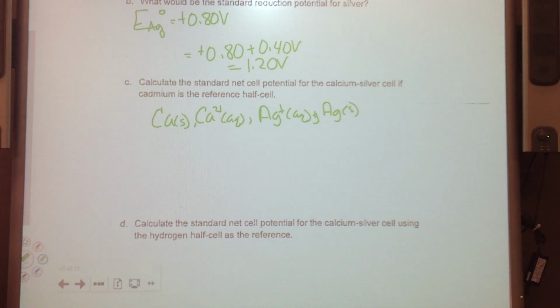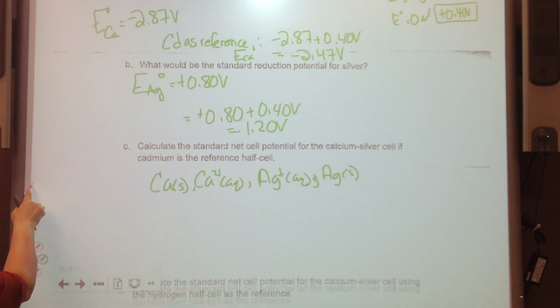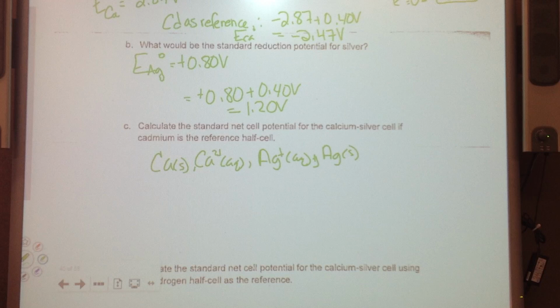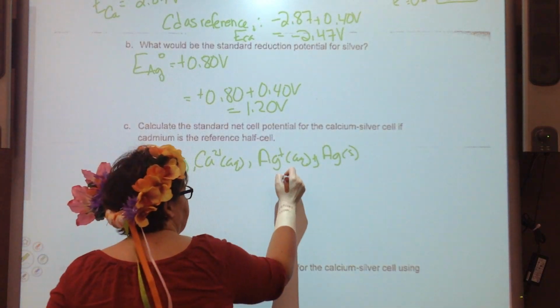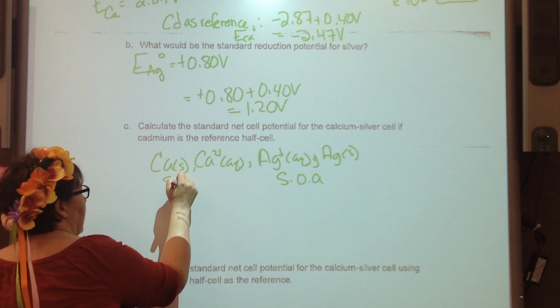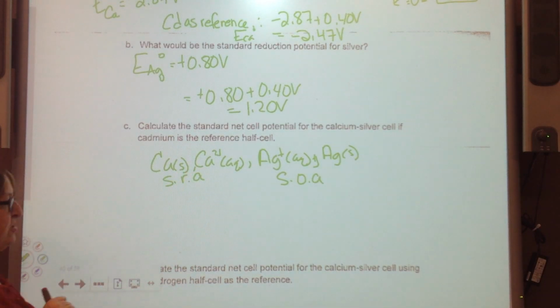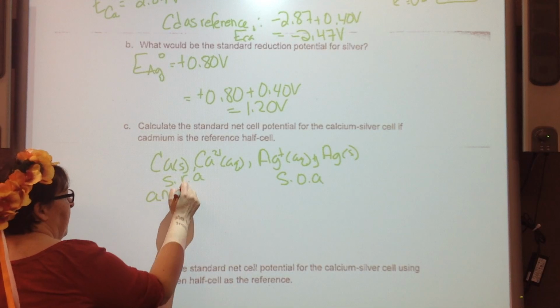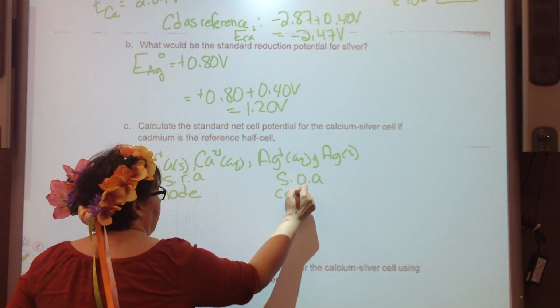Which one is which? When you look on your list, would silver be the oxidizing agent? Yeah. What made you say that? It's higher up than calcium is on here. So this is the anode, this is the cathode.